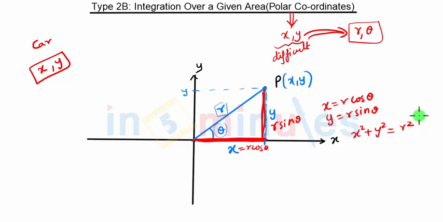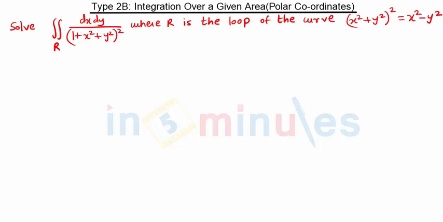Why we need this will become more clear when we see a problem of this type. So let's take one example. This is our question: solve this integration where R is the loop of the curve. This is one curve. We should all know the equations of basic curves.